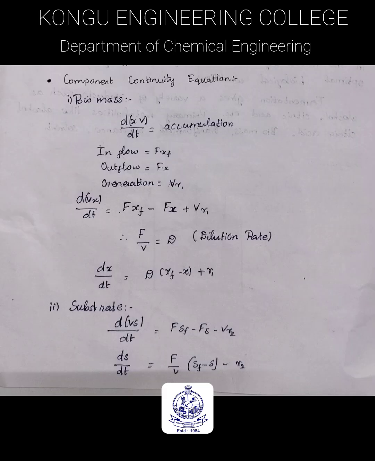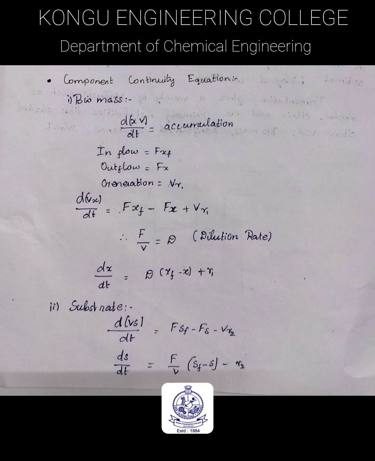Next, we will move on to component continuity equation. These equations focus on the mass balance of individual components, specifically biomass X and substrate S. Concentrations are typically used in these balances for well-mixed systems. For biomass, there is the accumulation, where this represents the rate of change of the total amount of biomass in the reactor.